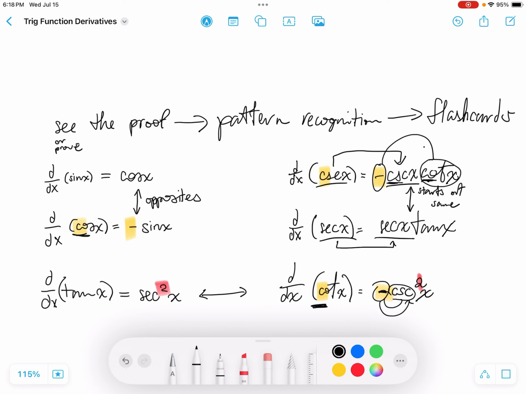And really, I think if you've done the proofs and you've done the pattern recognition, truly you don't need many flashcards because you should already understand a lot of the logic behind them. Or if not the logic, at least the pattern. So that hopefully should keep you satisfied and help you remember it for as long as you need.